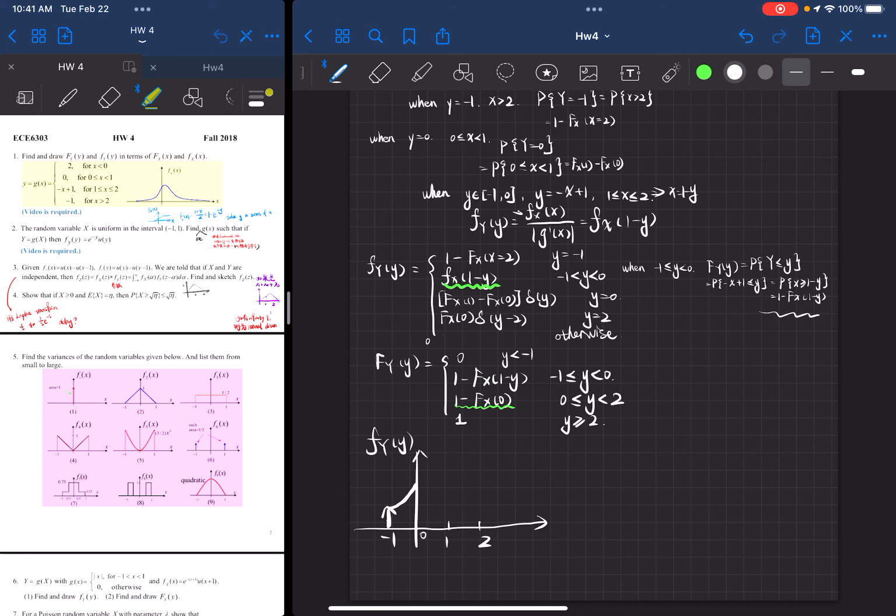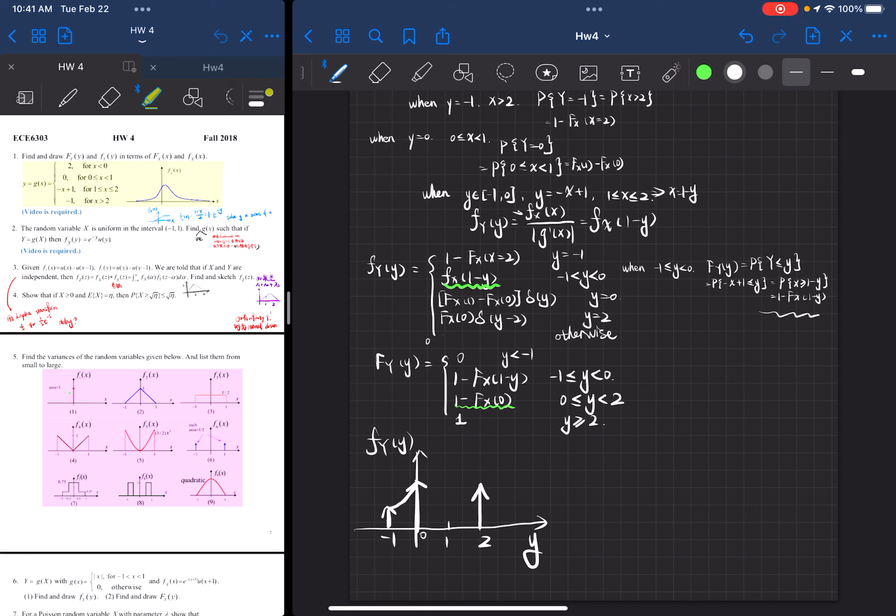And at y equals 0, it should be another impulse, and at y equals 2, it should also be an impulse.